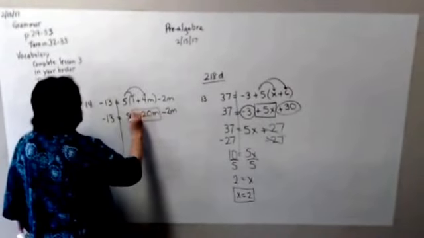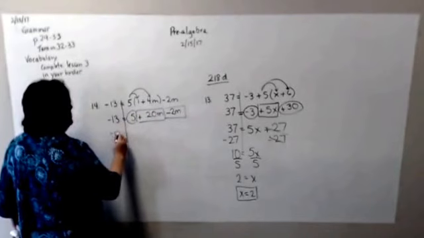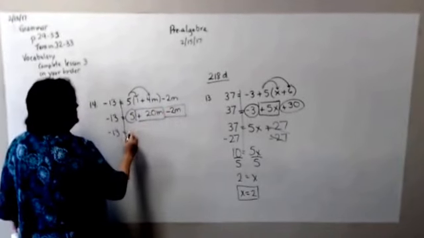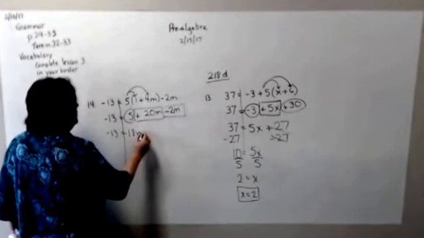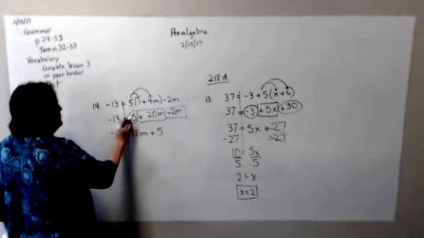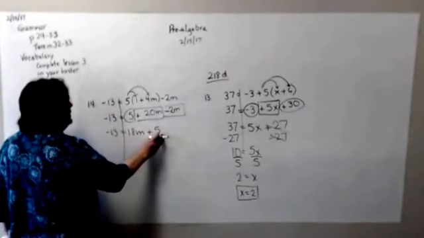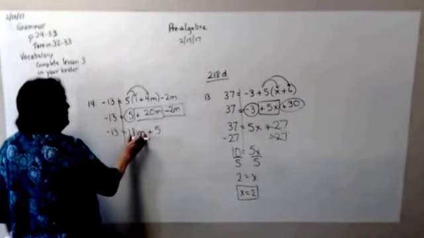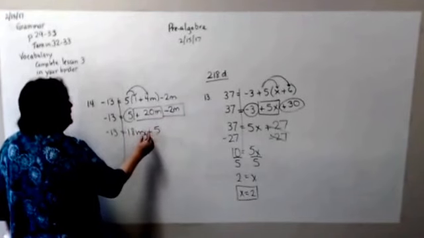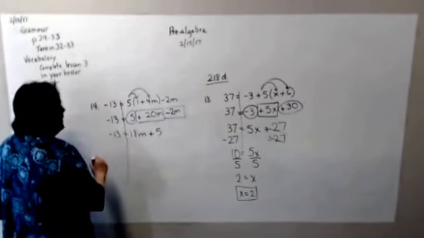Now we put boxes and circles. I have 2 boxes. That's 18m, a positive 5. So I didn't put the plus sign in front of the 5 here because it was the first term on this side. But once I'm putting it not first, because I put my variable term first, then I need to use that positive sign because that's a positive 5, so it's the same thing as plus 5.